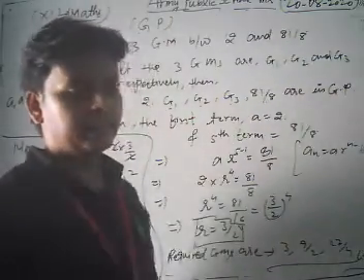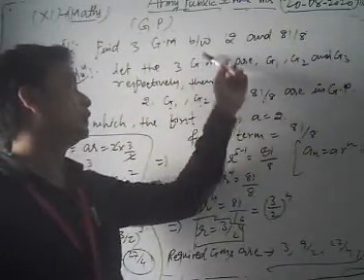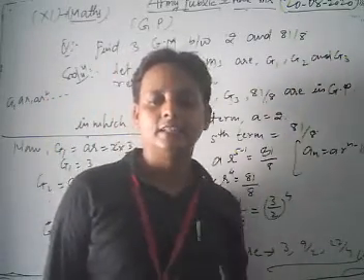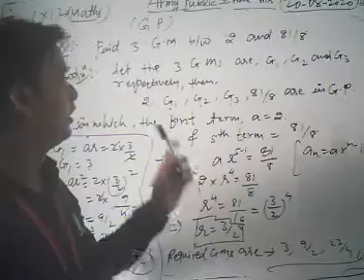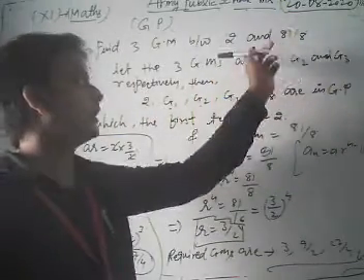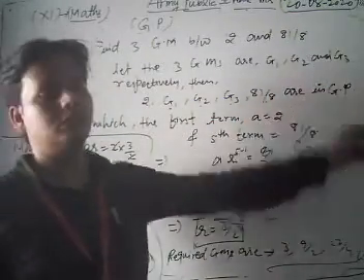Dear student, in that type of question, first we find the three geometric means between 2 and 81 by 8. So first of all we take the geometric means between the two numbers 2 and 81 by 8 as G1, G2 and G3.